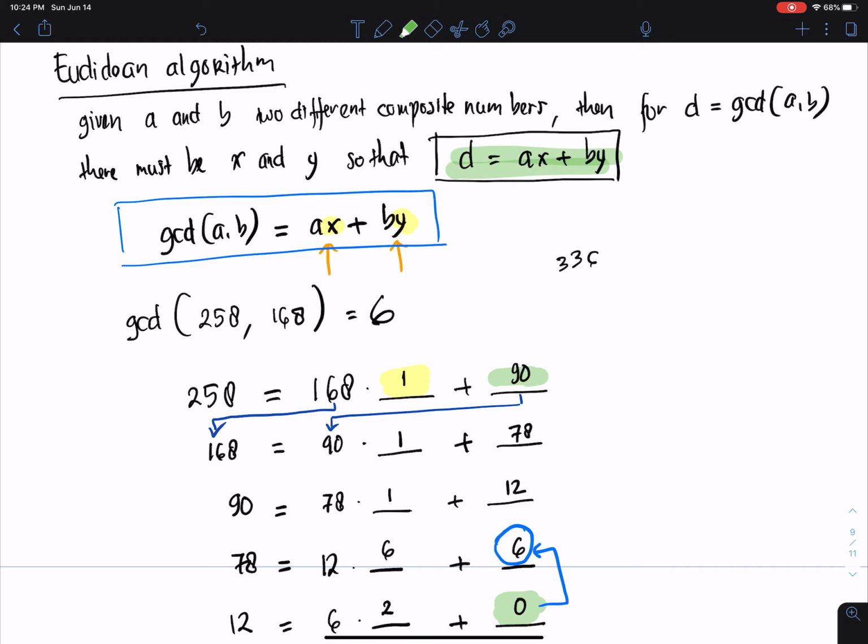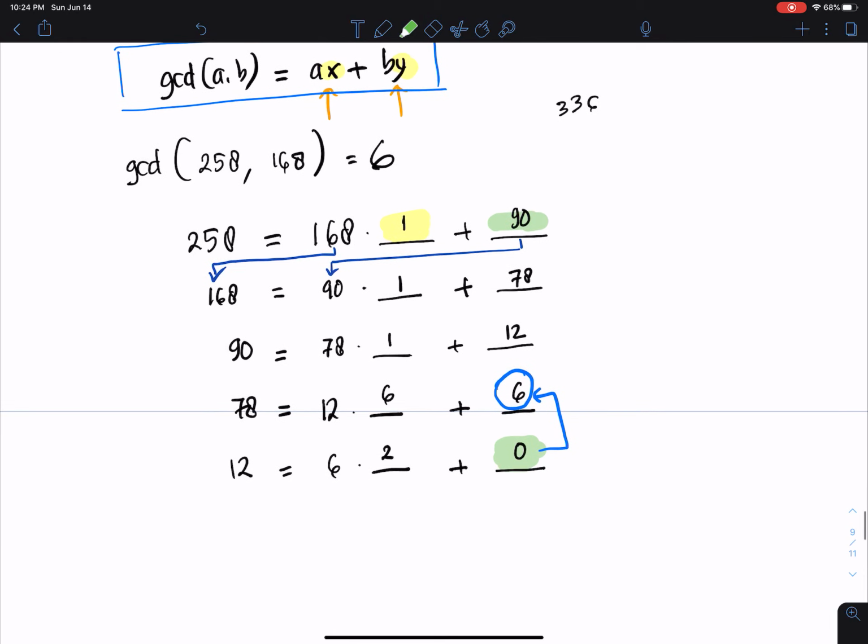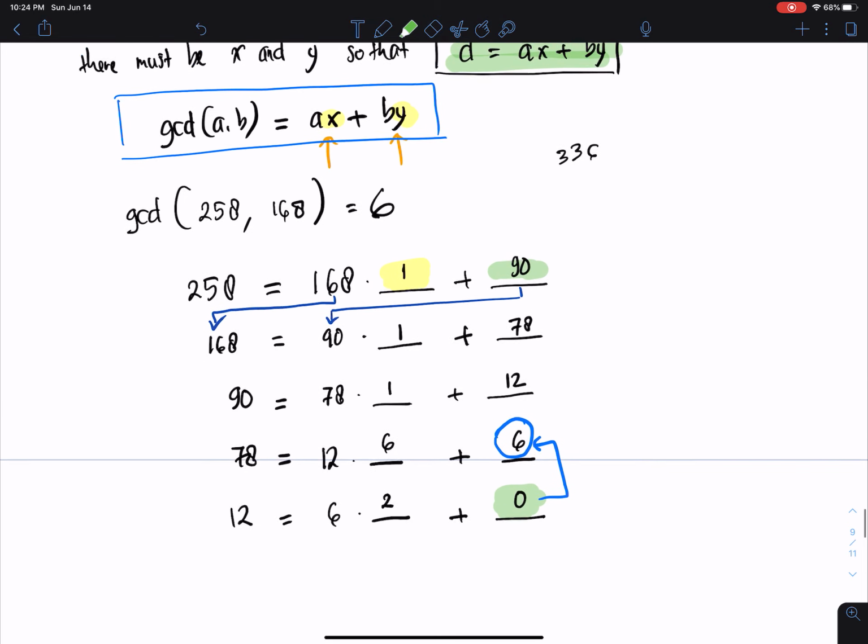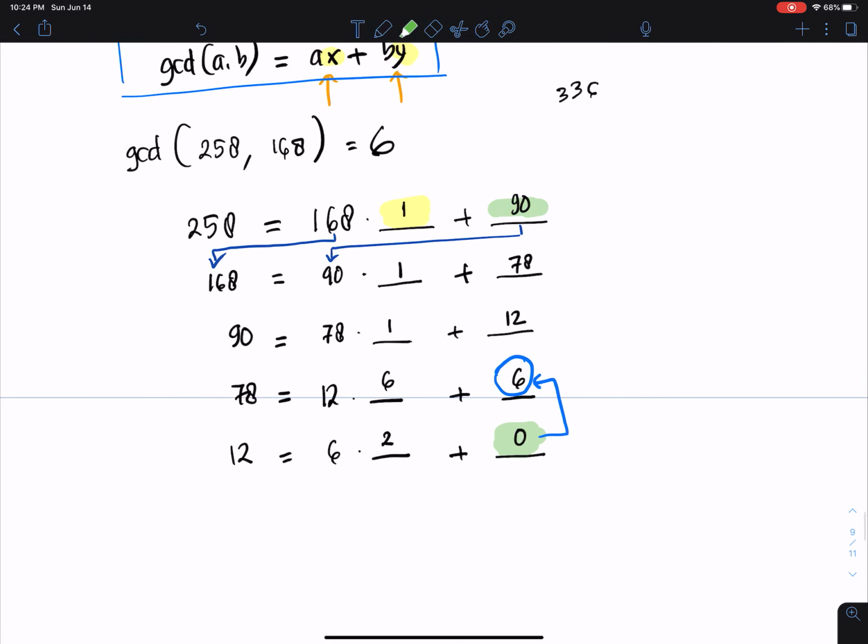Now we already have D, so we would like to find out the X and Y. What we need to do is just revert back the calculation starting from here to the top one here. So we revert back the calculations using this number.